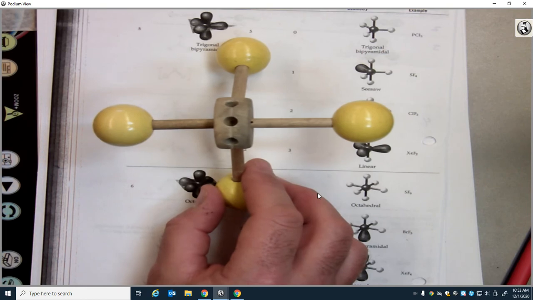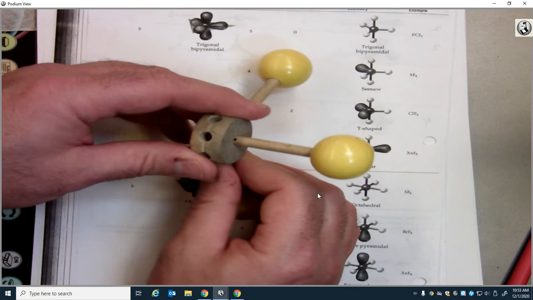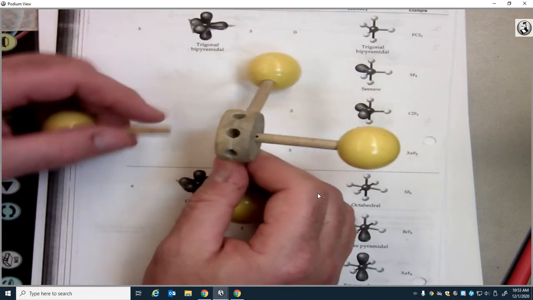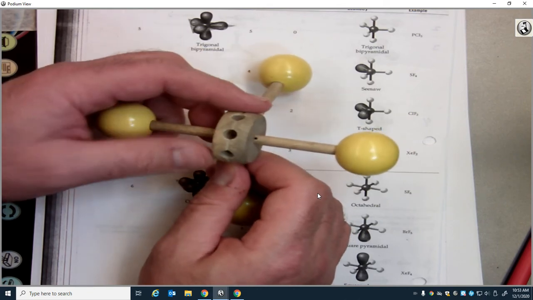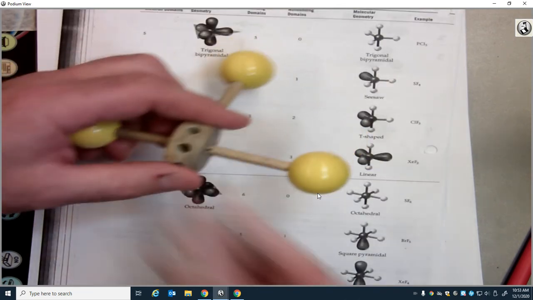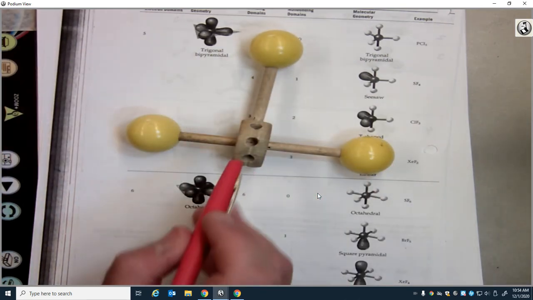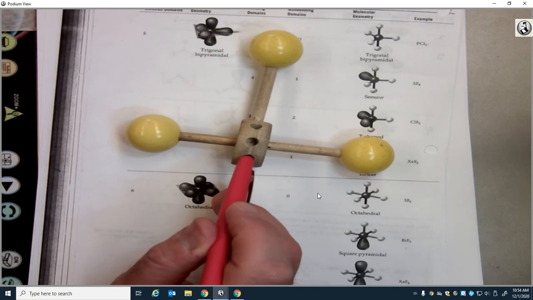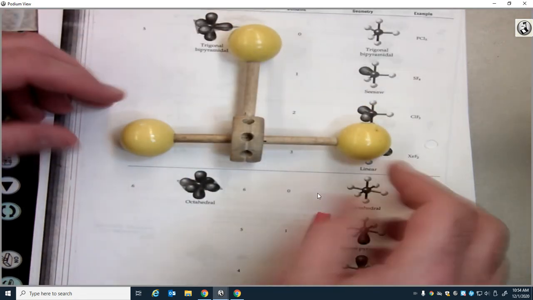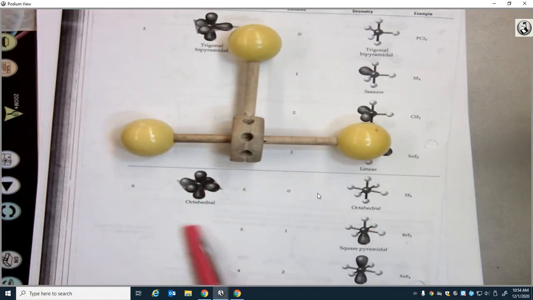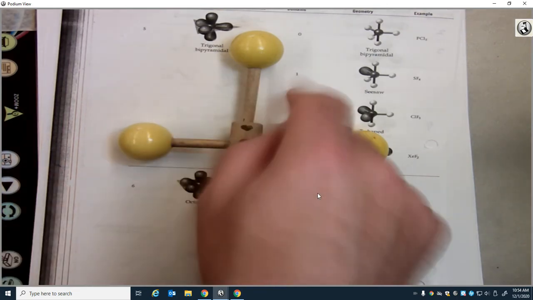Well, what if we take one more of these away? We still have a non-bonding pair here and a non-bonding pair here. Those non-bonding pairs are still there, but that's another way we can get a T-shaped.